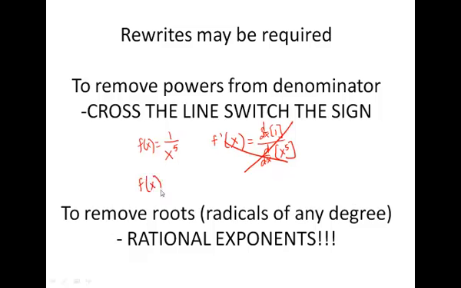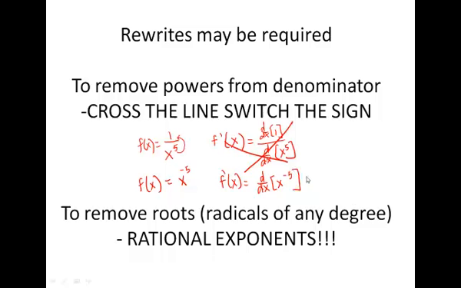Instead of having this be a fraction like that, I'm going to cross the line, change the sign. This is going to become x to the -5th. No big deal then, because now, just like we were saying, we can use this as a power with an exponent. So to find f prime of x, I'm going to derive this side here.